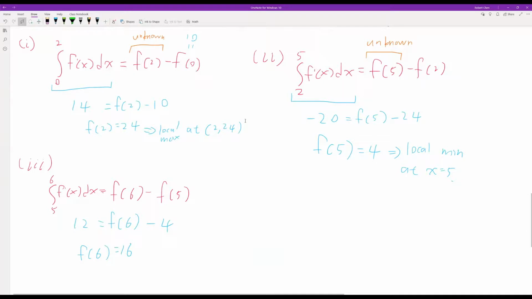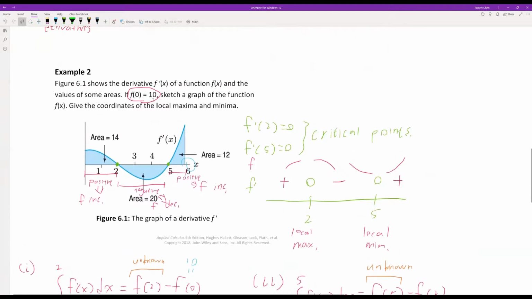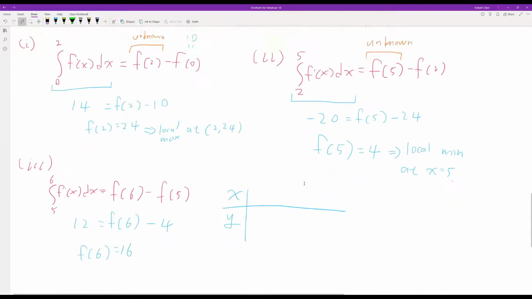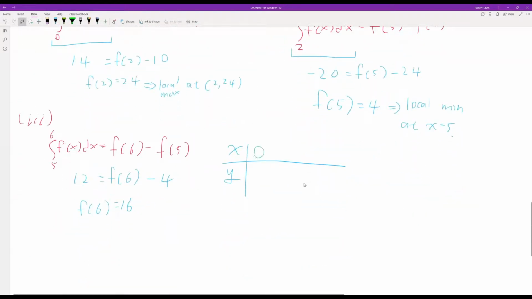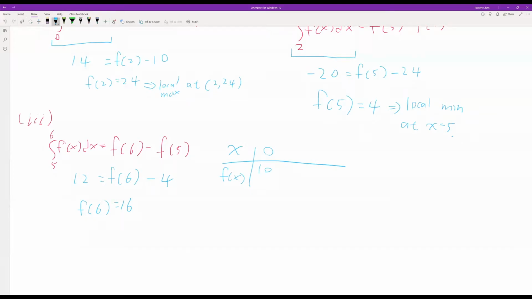All right, so we have a lot of points ready. Let's write those out, x and y. Now, the first given to us in the question is that f of 0 is equal to 10. So when x is 0, I shouldn't use y, I should use f of x. So f of 0 is 10.